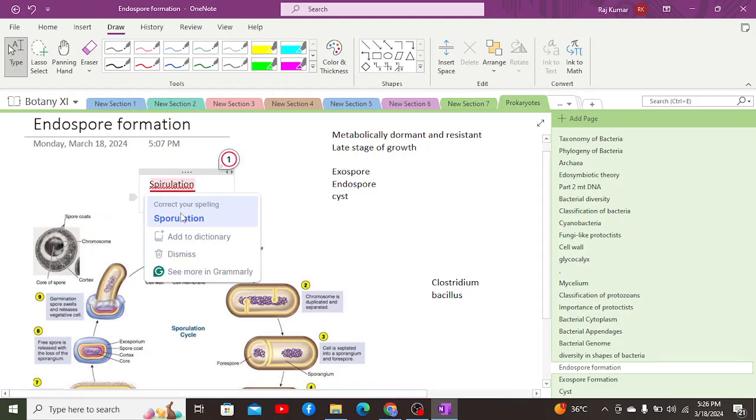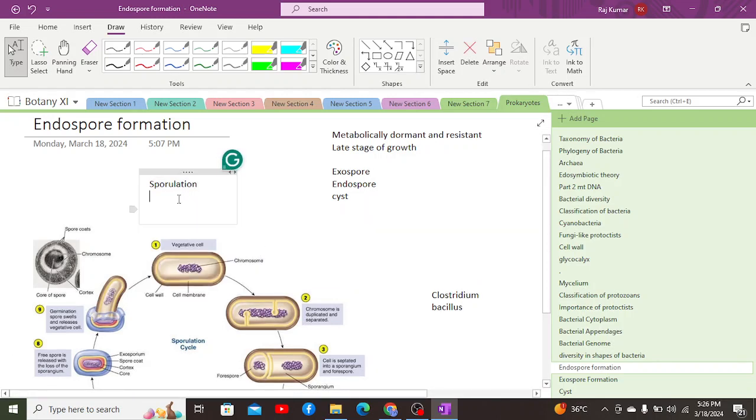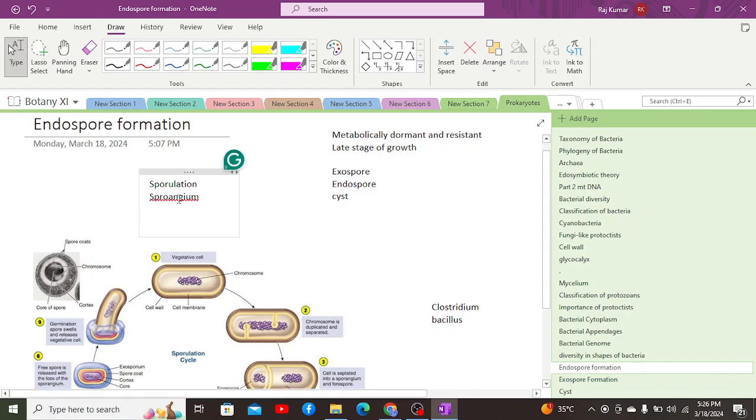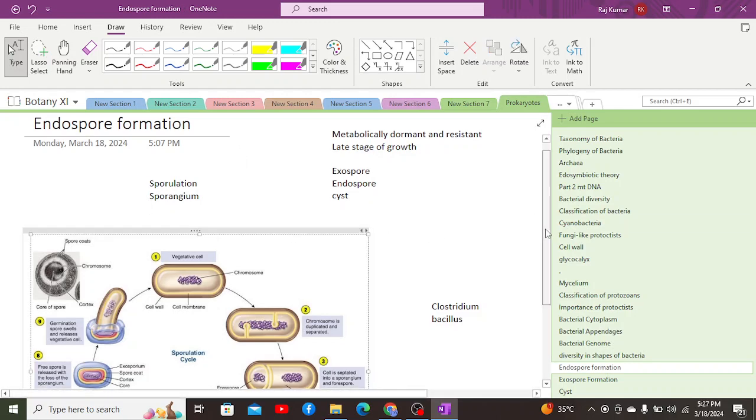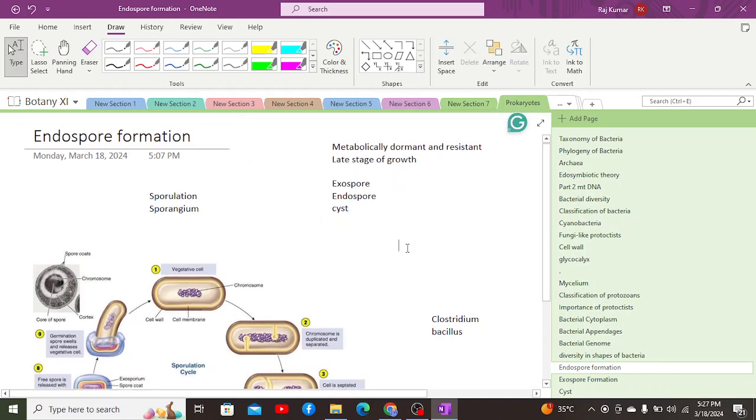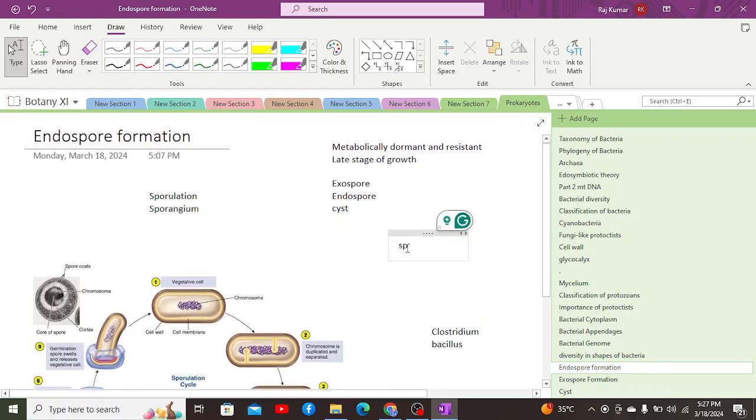The sporulation process involves the formation of spores which originate from a structure known as the sporangium. In this case, the bacterial cell which is producing the endospore is considered the sporangium.